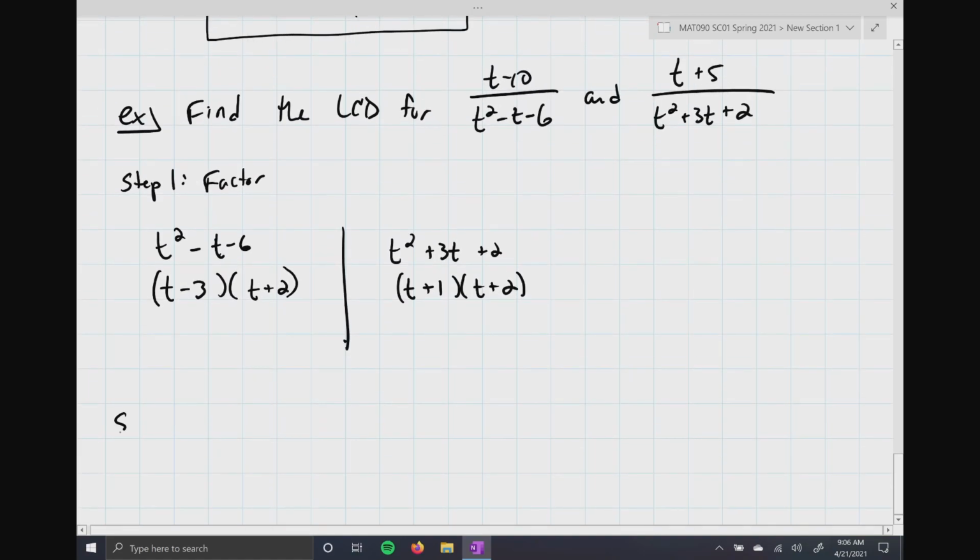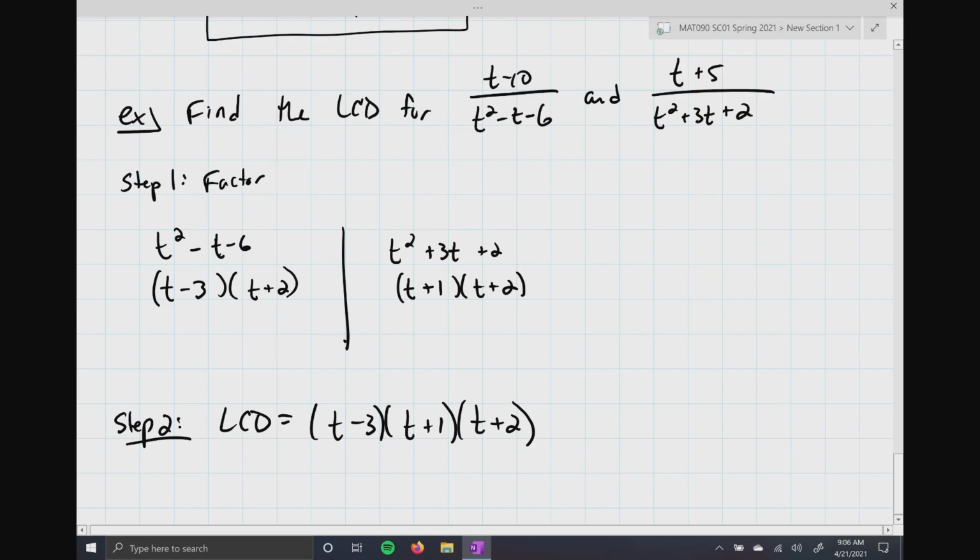Step 2. We're going to multiply. The LCD is going to equal the product of unique factors. So, you got a t minus 3, a t plus 2, and a t plus 1. Now, I need to find the exponents for this.